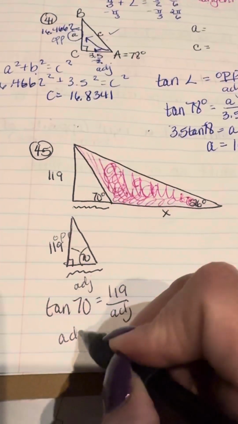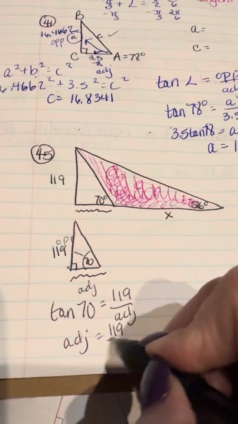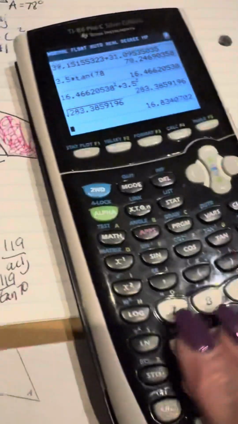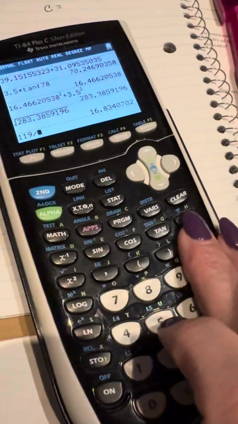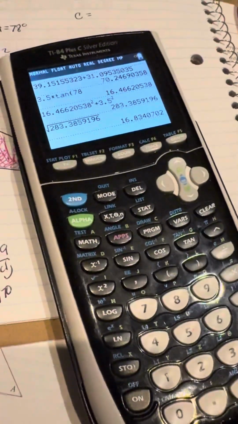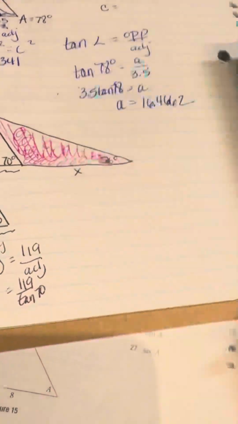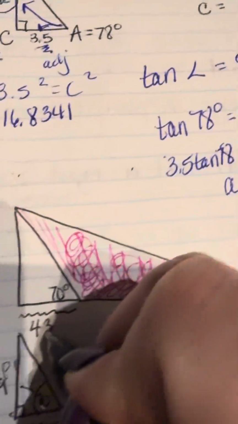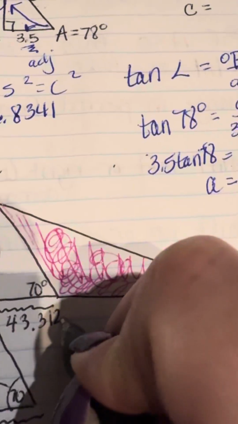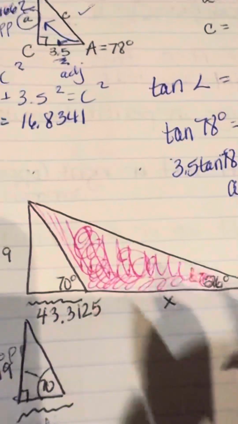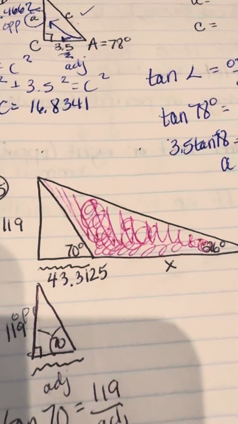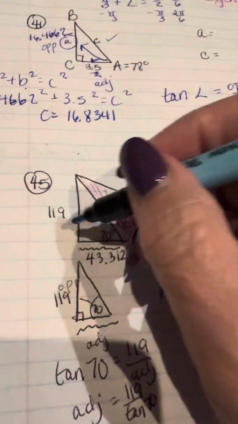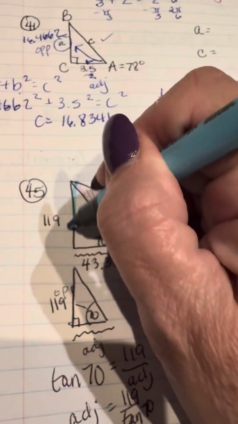Solve this, adjacent equals 119 over the tangent of 70. And you're probably saying to yourself, oh great, what does that tell me? Well, it tells me right here, this piece is 43.3125 whatever units long. My other right triangle that I have is this triangle right here.